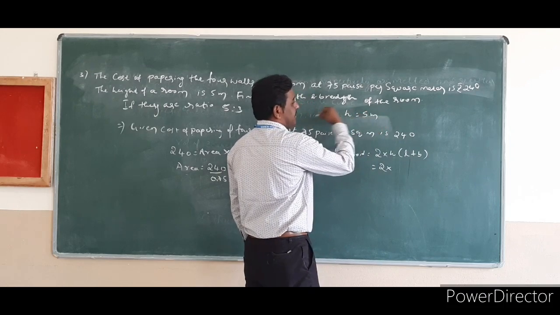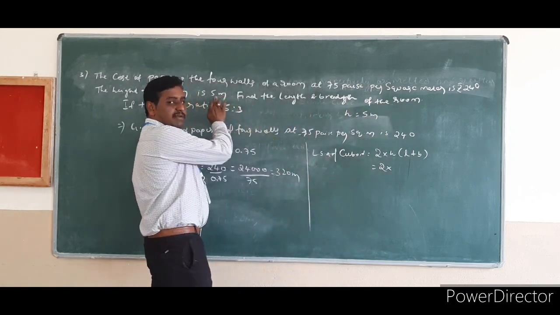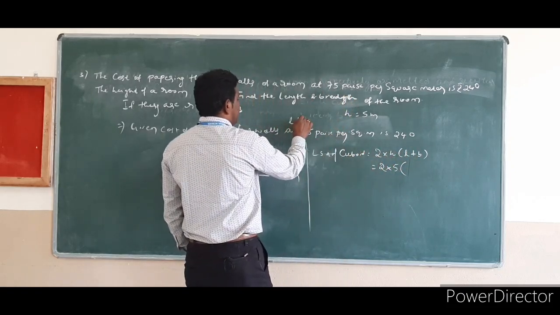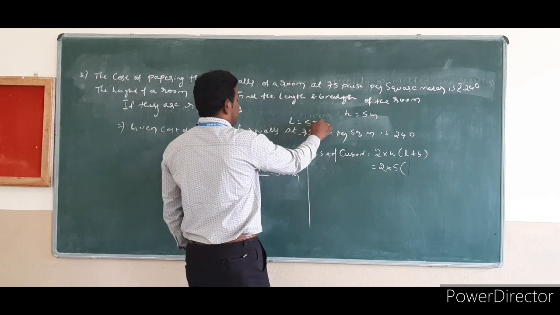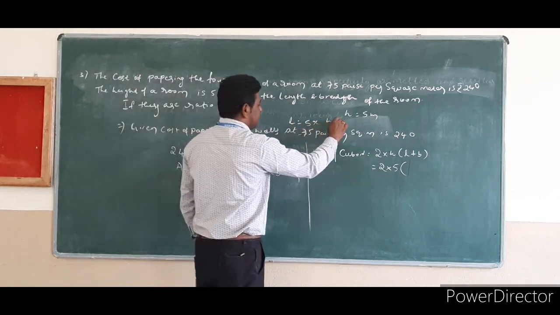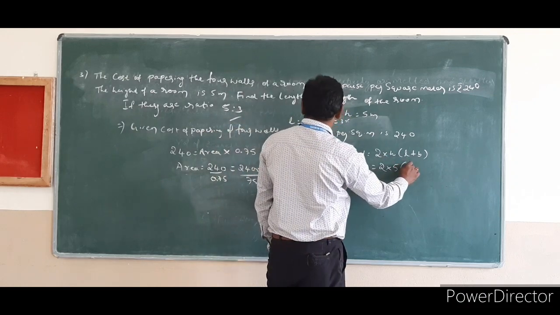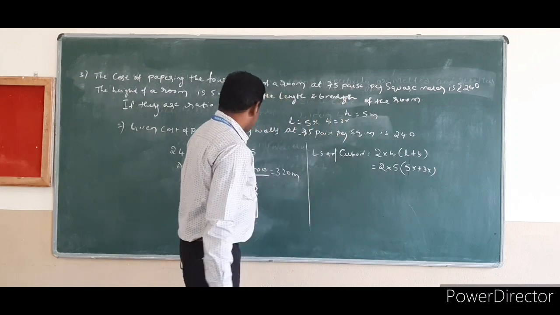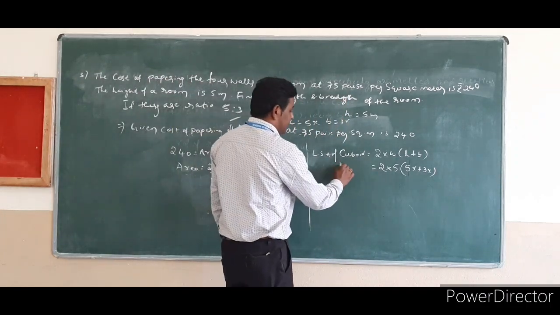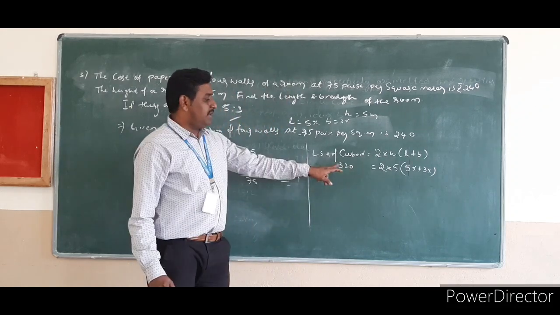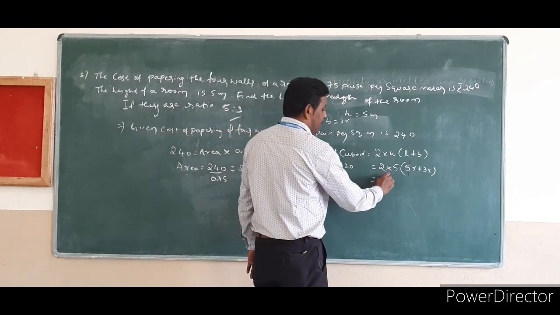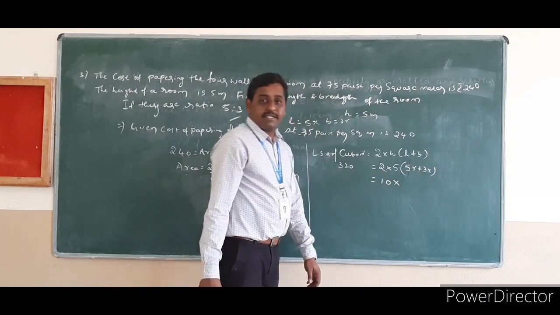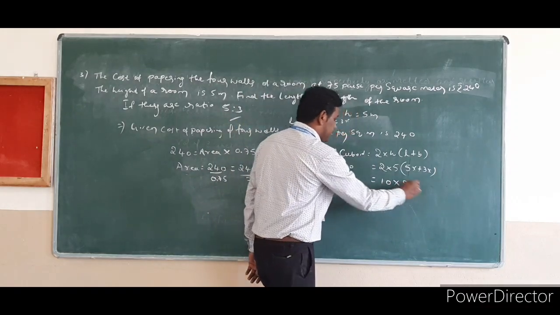So that is 2 into height. The height is given as 5 meter here. Length and breadth ratio: length is equal to 5x, breadth is equal to 3x. Area is 320.